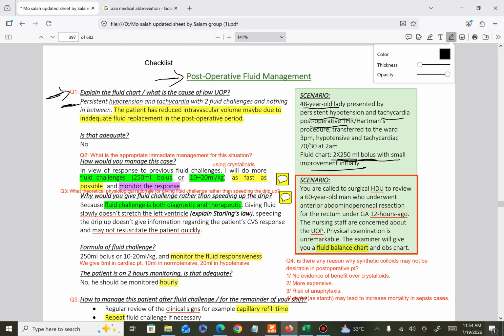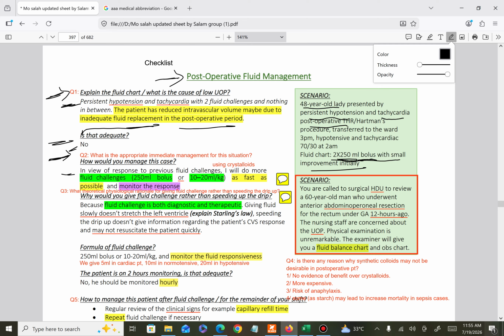The patient has reduced intravascular volume, maybe due to inadequate fluid replacement in the post-operative period. Is that adequate? No. So the fluid replacement is not adequate. So what will be the appropriate management for this situation? Immediate management.